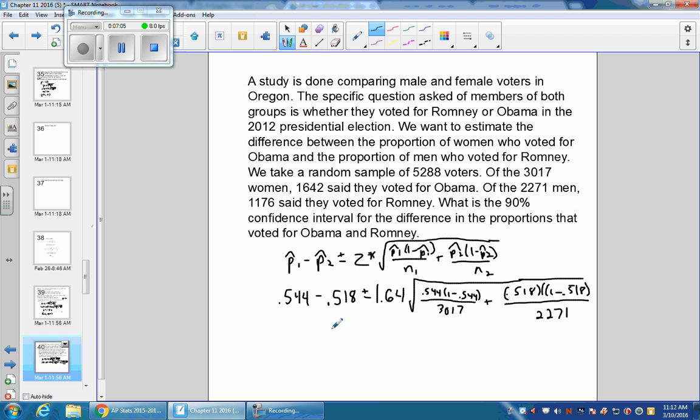All right, now when we subtract these numbers, 0.544 minus 0.517 or 8, I get 0.026. So that is our point estimate. And now I have to do the math here. I got 0.023.